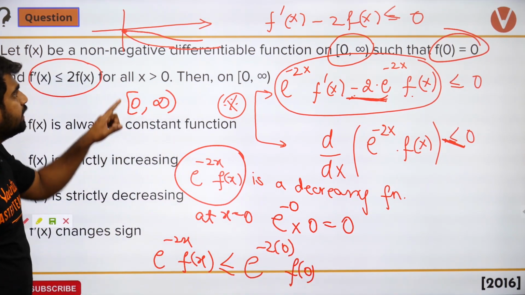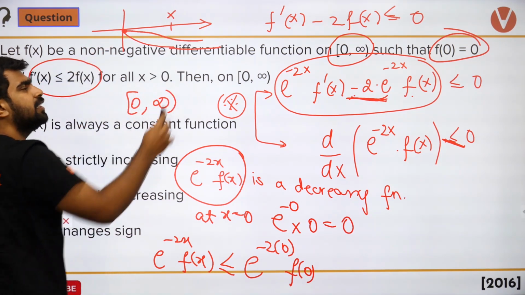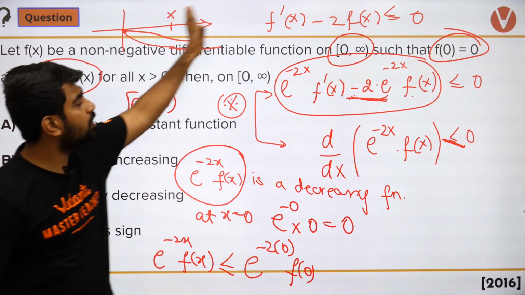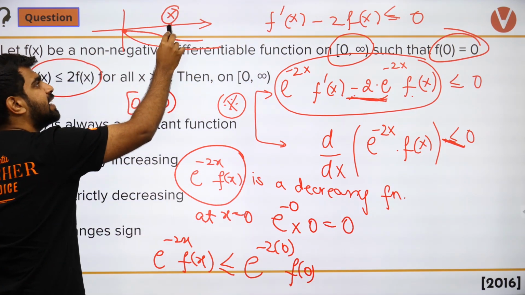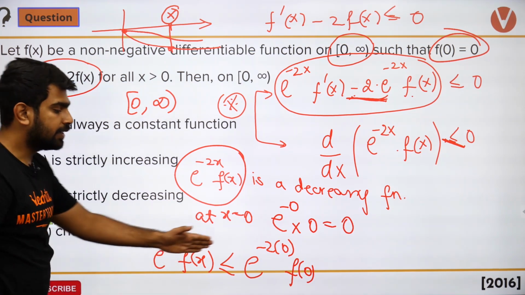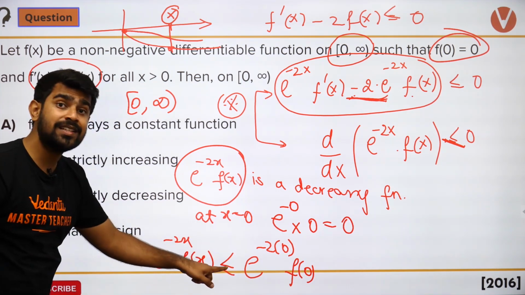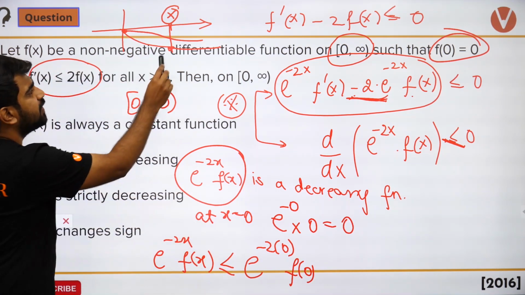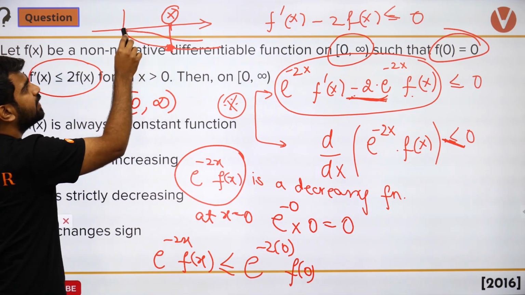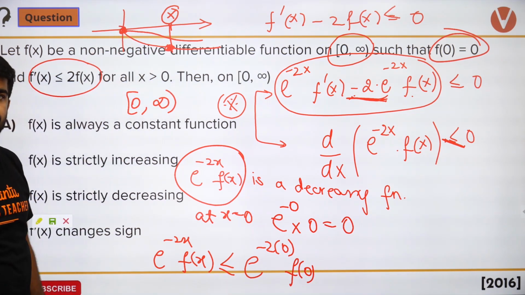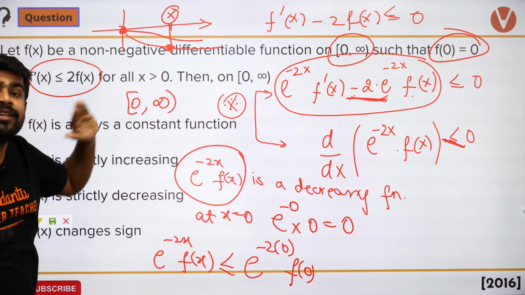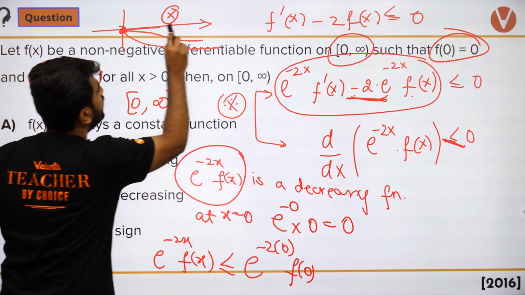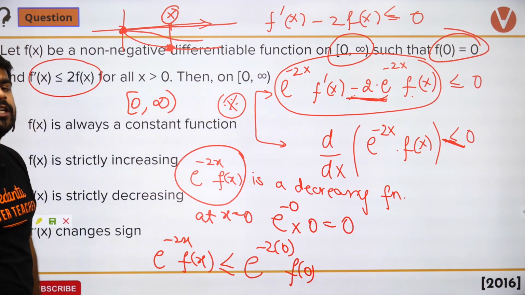Because if I take any x in the domain of the function, definitely the functional value at x will be lower than or equal to f of 0, because it's a decreasing function. Not just lower, it can be equal also. Because you can have a function like this also. That is also totally valid. No problem in that. Okay.